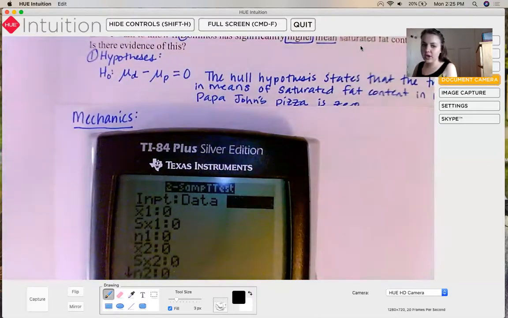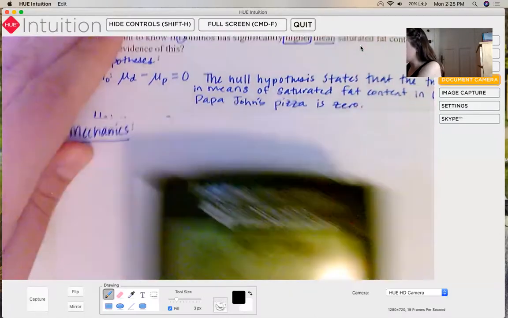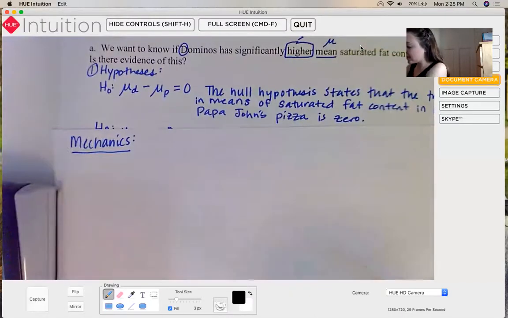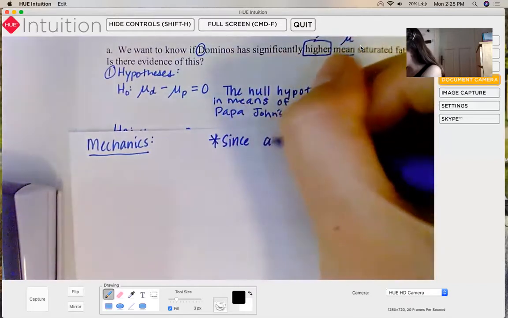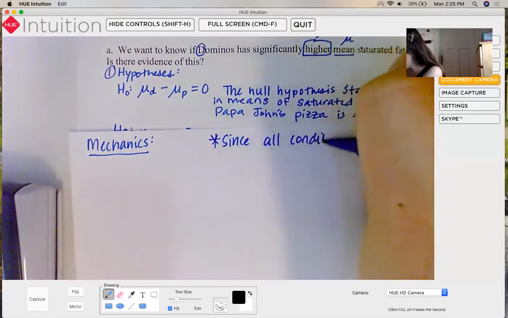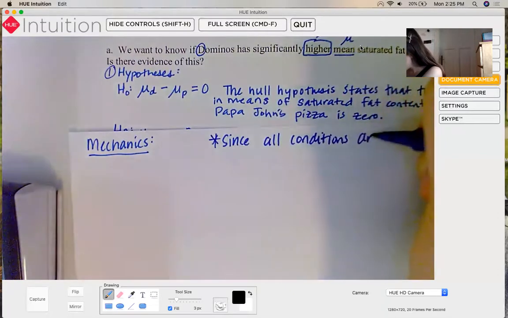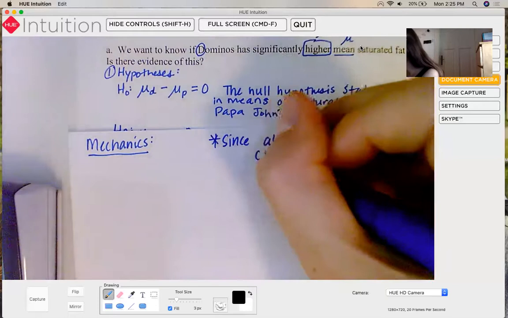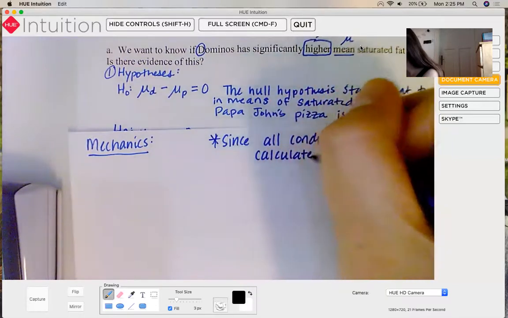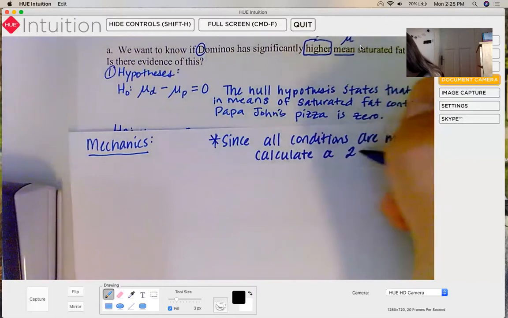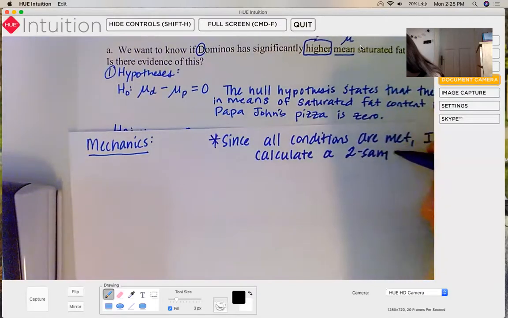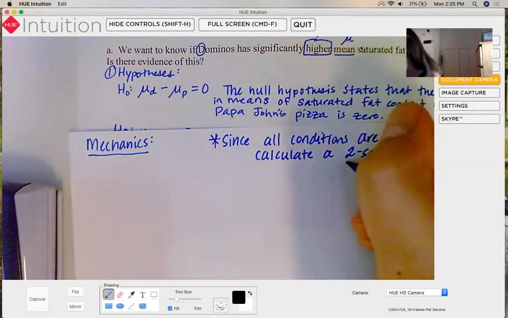And before I move on to my mechanics, there is a statement I need to make sure I do, and I should actually do this after my conditions. Since all conditions are met, I can calculate a 2-sample t-test, and that's where I'm going to name it.